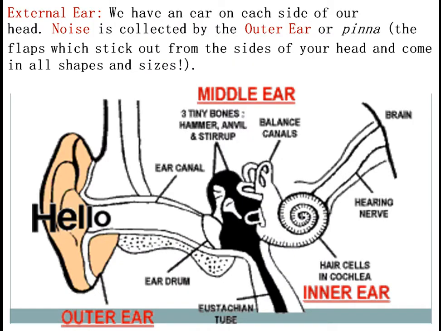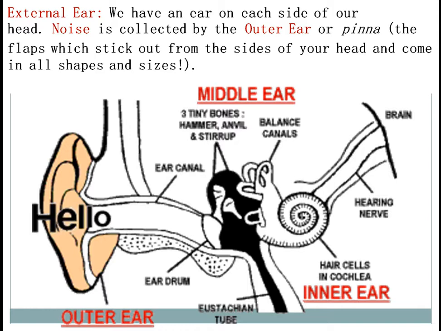You can see that we have an ear on each side of our head, and noise is collected by the outer ear or pinna. You can see from here the sound waves are coming and they strike firstly the tympanic membrane.